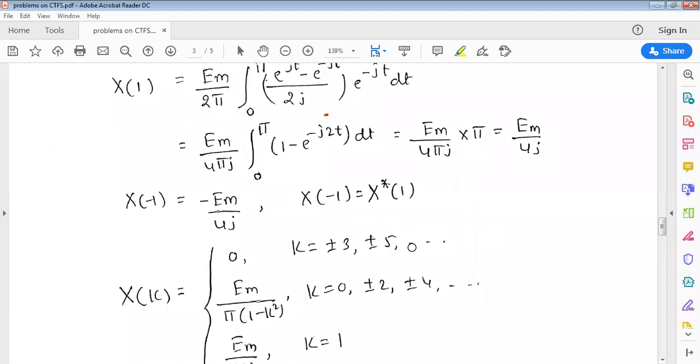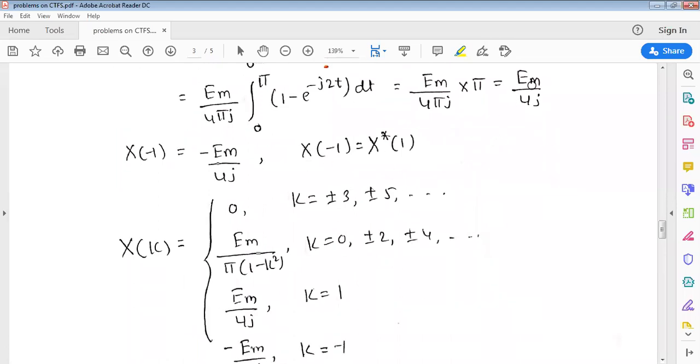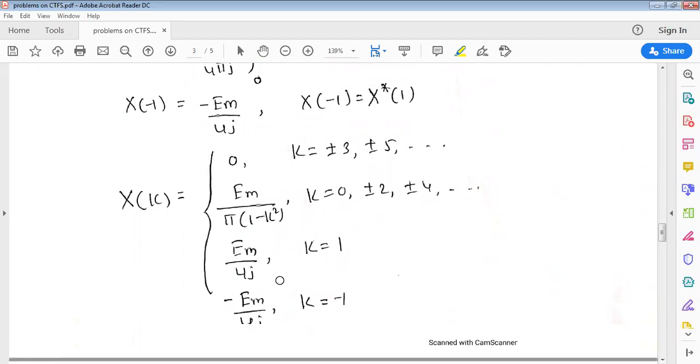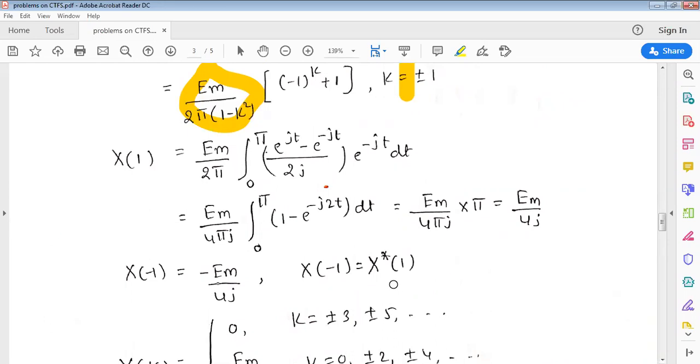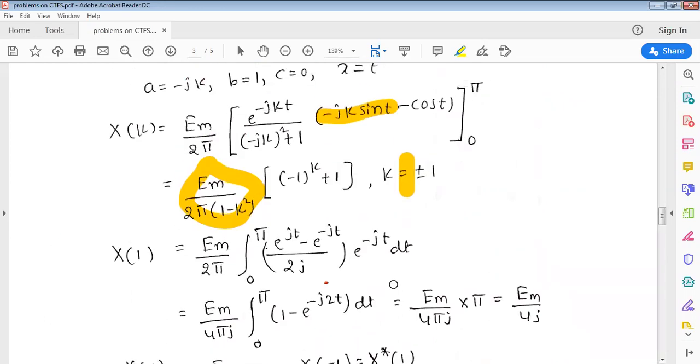Let us write, when k equal to 1, you have the value Em by 4j. When k equal to -1, you have minus Em by 4j. And next, when k is not equal to plus or minus 1, let us write when k equal to 2. What happens? -1 square means plus 1. 1 plus 1, 2.